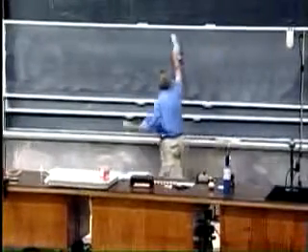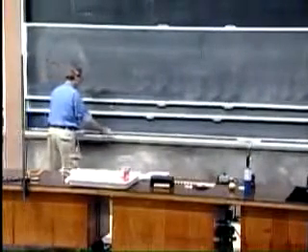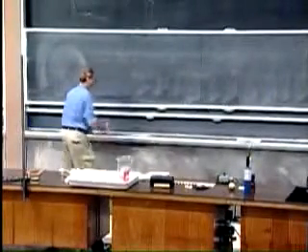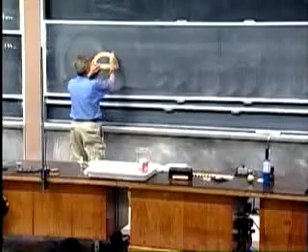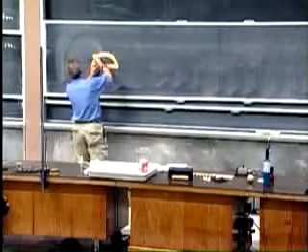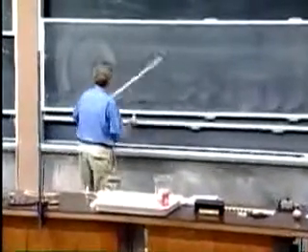We hang an object on two strings. One string makes an angle of 60 degrees with the vertical, and the other makes an angle of 45 degrees with the vertical.